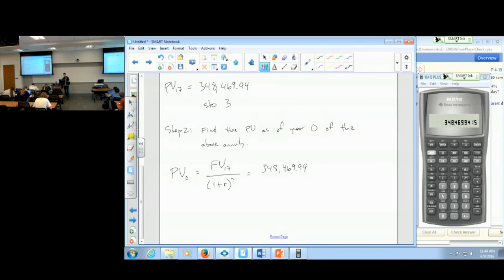So I'm going to take that future value of $348,000 and divide it by 1.04, this time raised to the 17th, so bring it back 17 years, using the old present value formula from chapter 3.